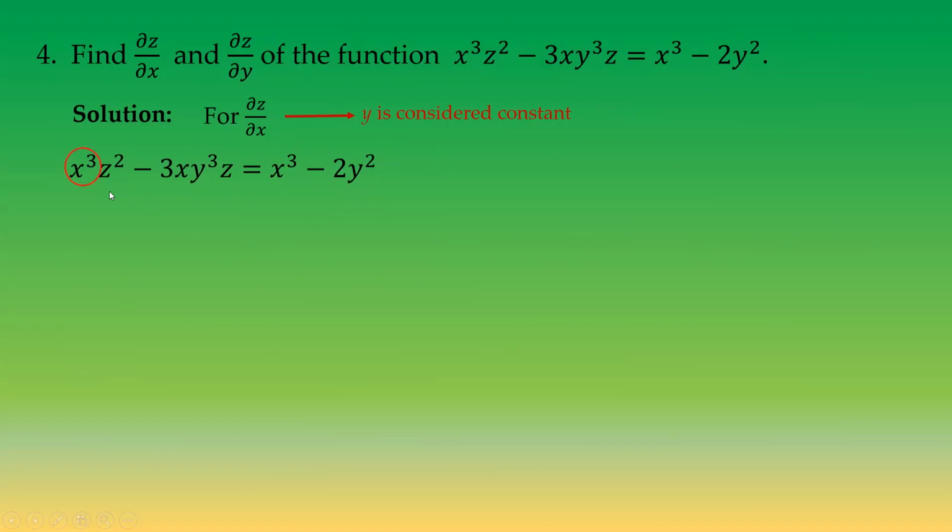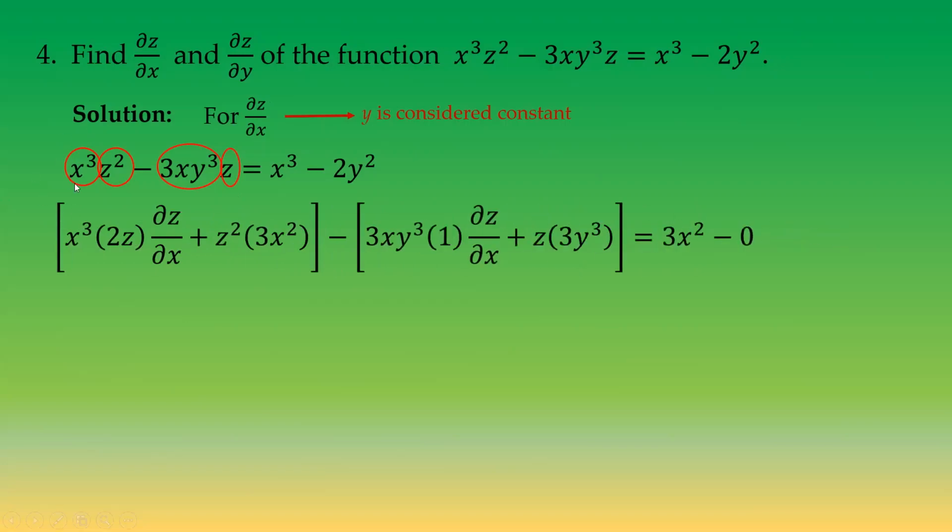This x cubed and z squared are in a product, because both are variables. We have the variables z and x. This 3xy cubed and z is also a product. Let's begin. First, we have x cubed. The derivative of z squared is 2z, times our dz over dx.